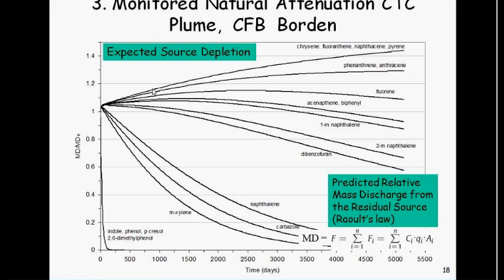That's counterintuitive. We saw that in sparging experiments in the lab. The concentrations of some chemicals goes up over time as we remove mass. It's not that the mass is increasing in the source. The mass is decreasing. But the flux coming out, or the concentration near the source, is going up. Why? Well, because of Raoult's law. Raoult's law says the concentration in the water is equal to the mole fraction in the source times solubility. This tells us that the mole fraction of these less soluble chemicals is going up.